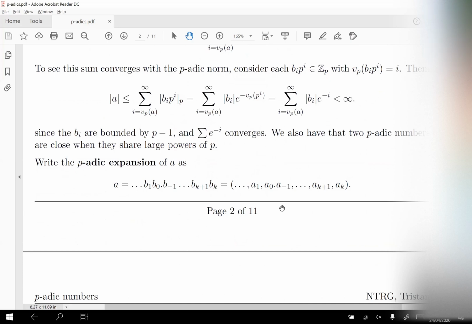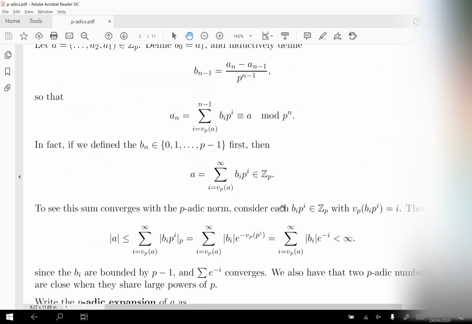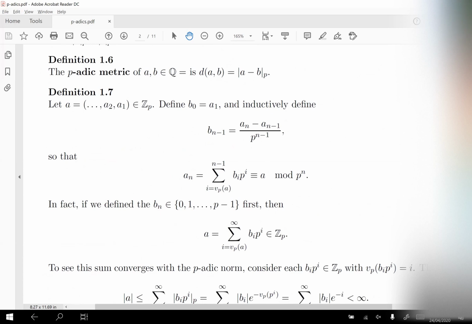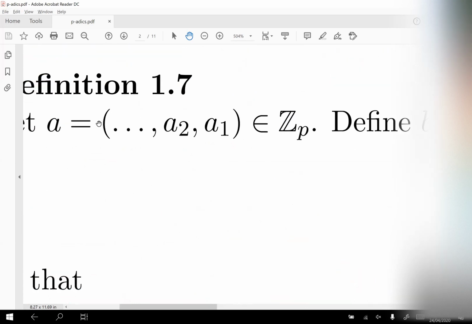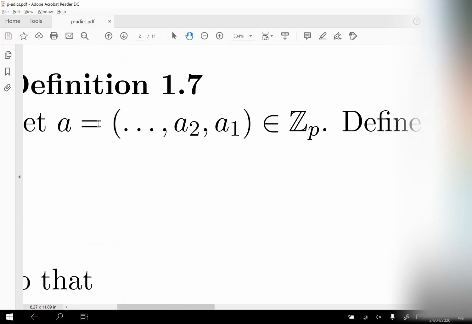But basically, this sequence here: the first value is in Z mod p, the second value is in Z mod p squared, the third value a_3 is in Z mod p cubed, and so on and so forth. And as you can see, the numbers actually get bigger and bigger. And then the final value a is something.